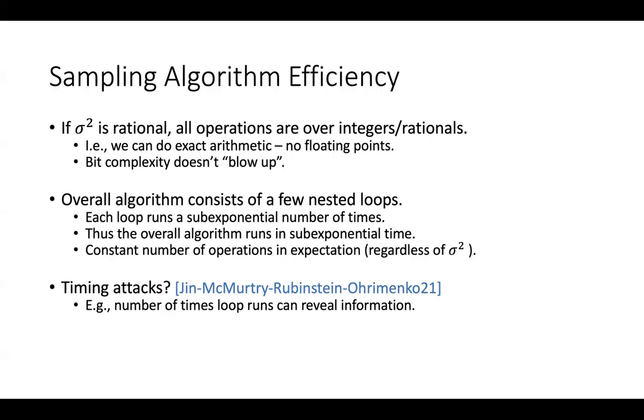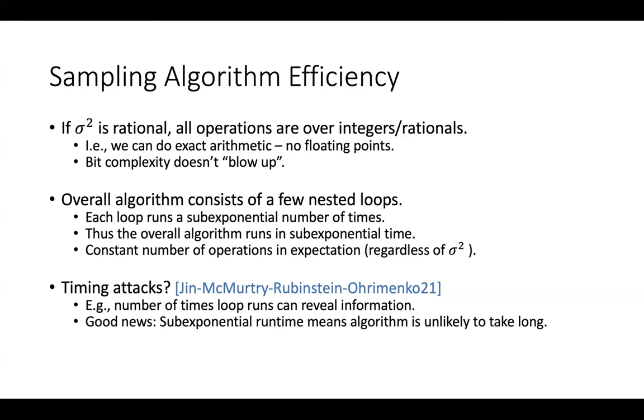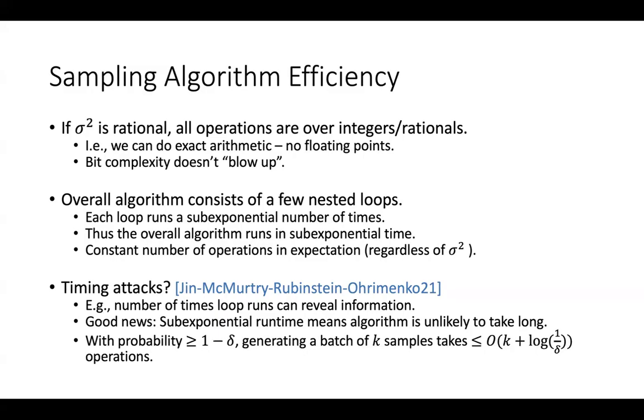One way that we can reveal information is when you're sampling the high order bits of the geometric by repeated coin flipping, the runtime of the loop is directly proportional to the value of that thing. And the good news here is that because we have the sub-exponential runtime, we know that the algorithm is unlikely to take a long time. And we can then use various tricks to ensure that we're not leaking information.